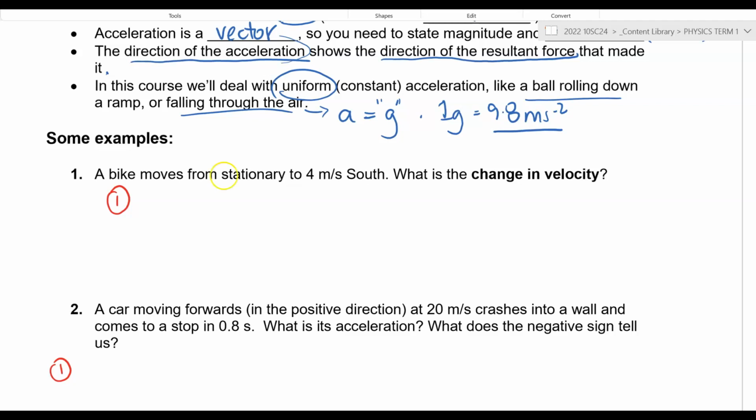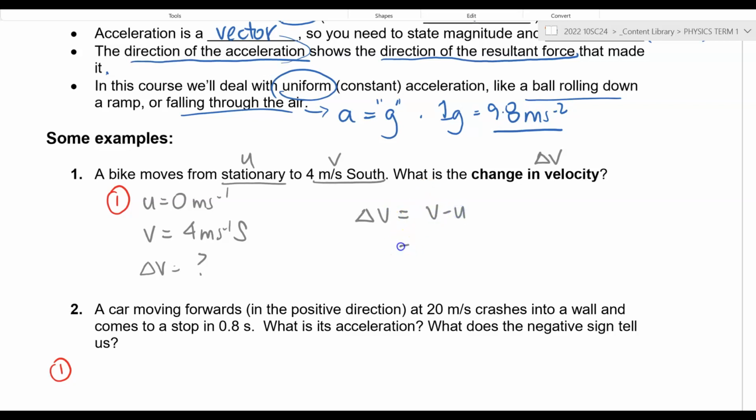So in this one, it's moving from stationary to 4 meters per second south. Stationary is your initial, 4 meters per second south is your final. What's your change in velocity? So u is 0 meters per second. The final velocity is 4 meters per second south. Delta v, not sure. And if we look at our equation at the top, delta v is just v take u, what it is now compared to what it was before.